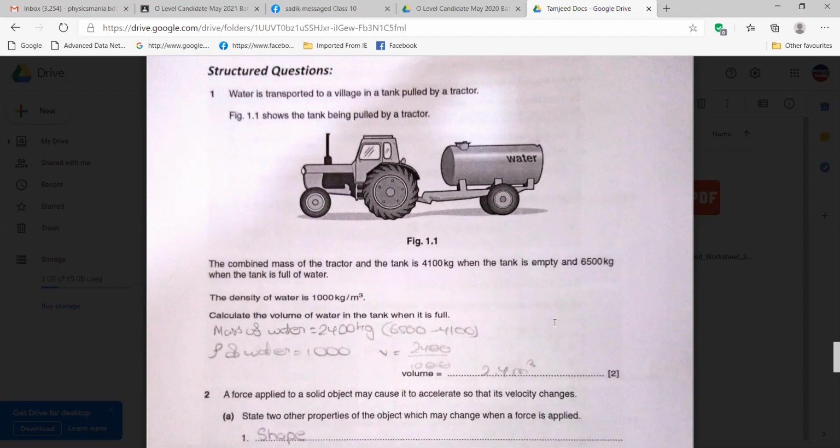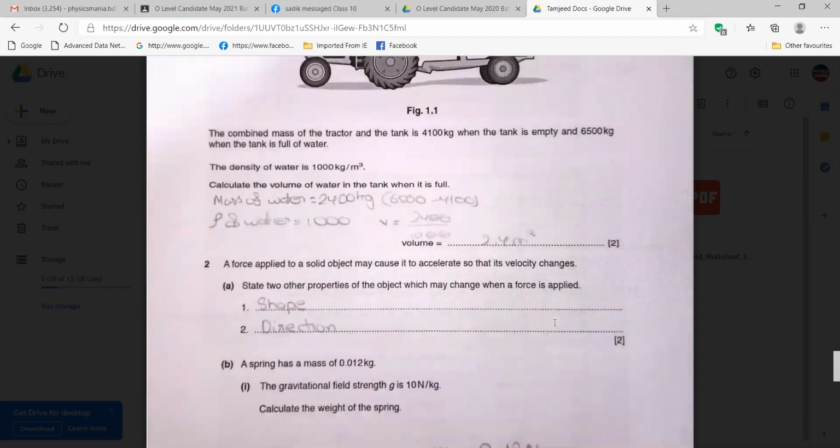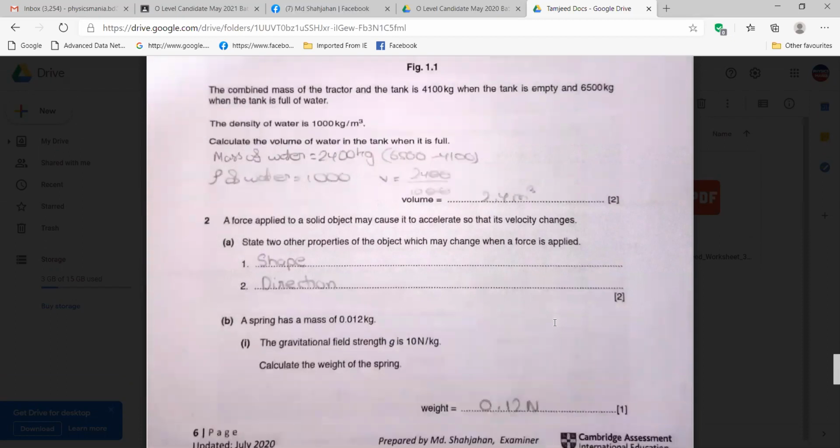Mass of water is 2,400. Okay, 2,400. Then you got a 1,000. Yeah, 2.4 meter cube. Fine. Continue next. And then density of water is 1000, so I just divide it. Yeah, it's fine. Continue too.